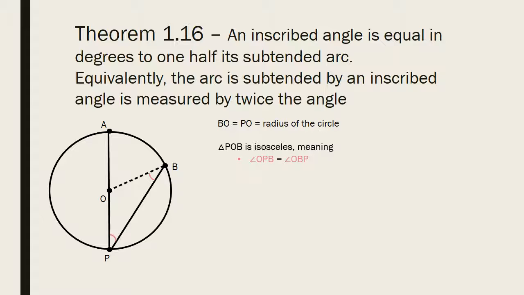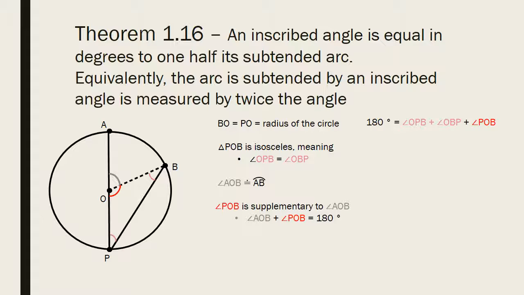As we said earlier about central angles, angle AOB is central and therefore equal in degrees to arc AB. Now, we can see that angle POB is supplementary to angle AOB, which means they add up to 180 degrees.